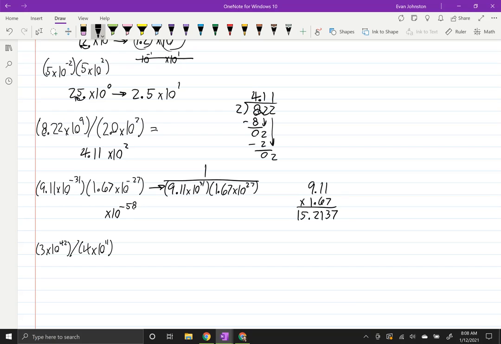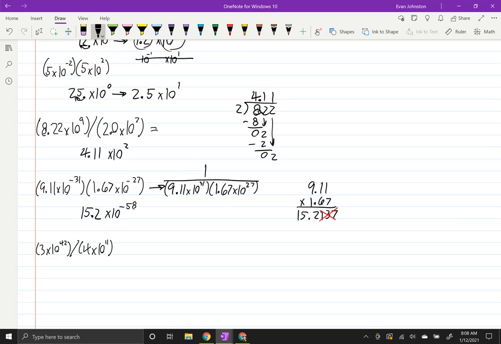Because of our significant figure rules, we can see that this has 3 sig figs and this has 3 sig figs, so our answer should only have 3 sig figs. We should get rid of this part, since we don't have enough information to know that. So in the end, we'll write this as 15.2.